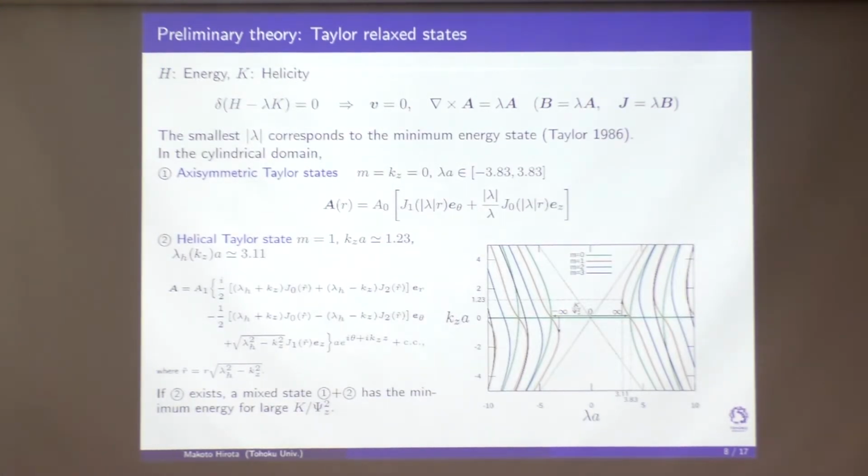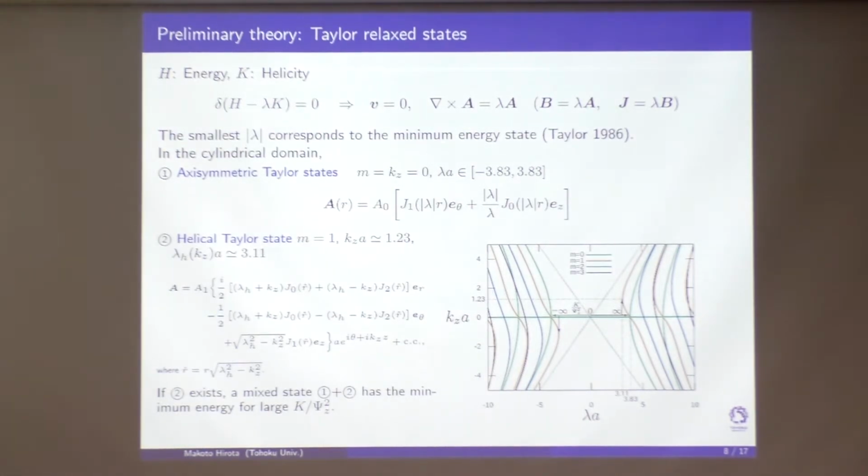And the next preliminary theory is again Taylor relaxation theory. As I said in the introduction, this is the so-called force-free equilibrium state or minimum energy state. And lambda is the eigenvalue. Actually, the minimum eigenvalue corresponds to the minimum energy state.